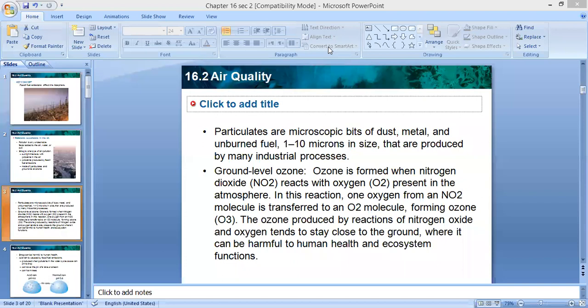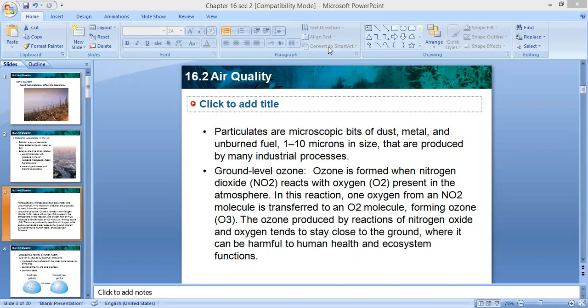Where is it useful? When it's out in the atmosphere. But if this ozone comes near to the ground, it will be harmful for us. So one of the things that make the smog is ozone.